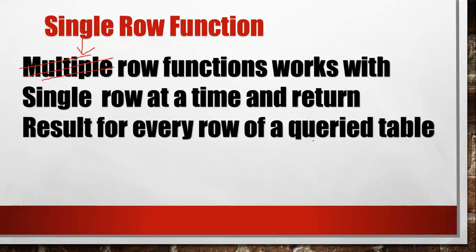But remember one thing, whenever we apply any single row function, this will consider each and every row of the table, and whatever be the testing criteria for it, it will do it on each and every row present in the table. So this will not work on a group. The main purpose of single row functions is that they work on each and every row present in the table at a time. So let us see some examples of it, and then I think this definition will be more clear to you.